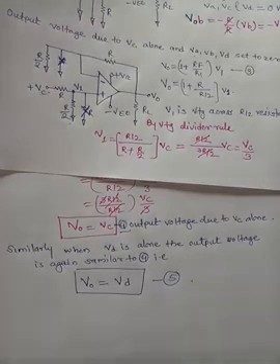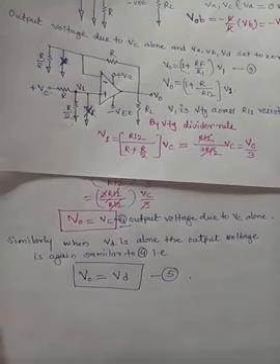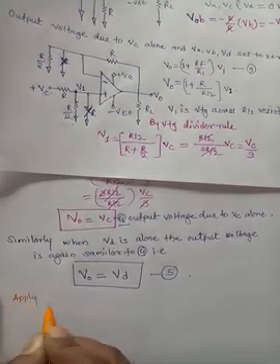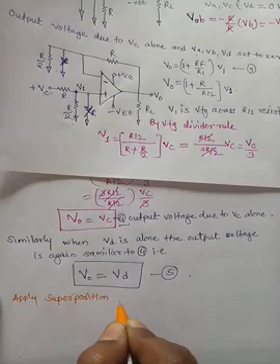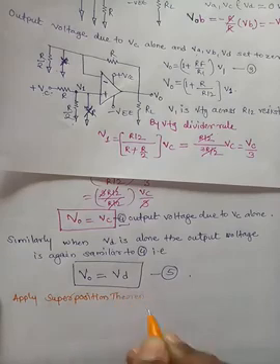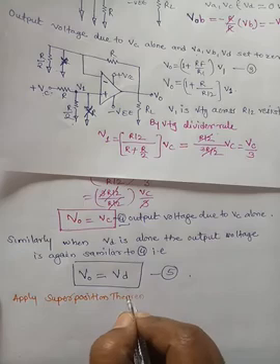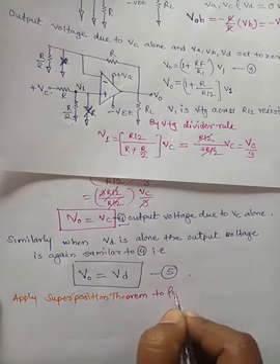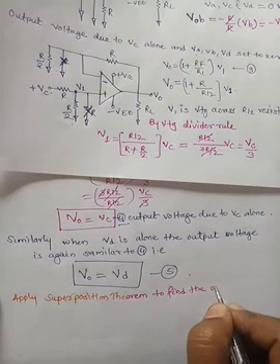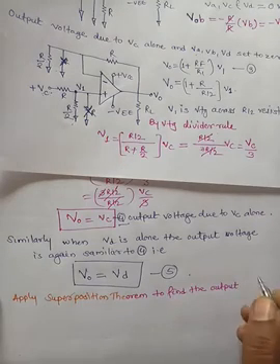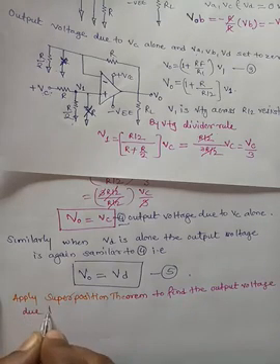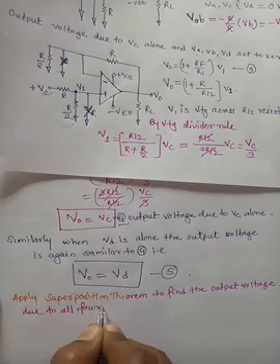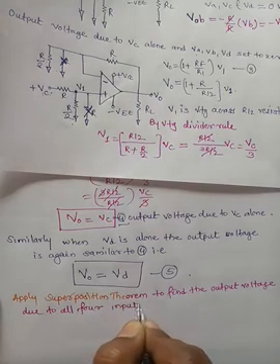Now we have to apply the superposition theorem to find the output voltage due to all 4 input voltages.